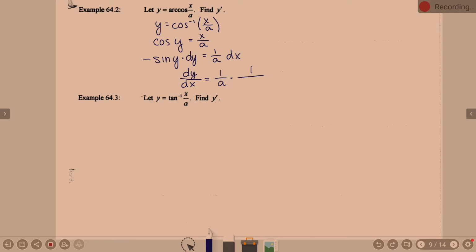So I'm going to write it as 1 over negative sine y. Stop me if you don't like what I'm doing or if something's not quite as easy to follow this time.